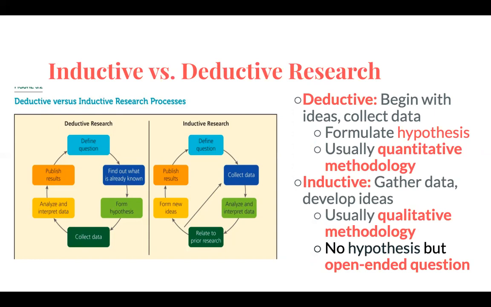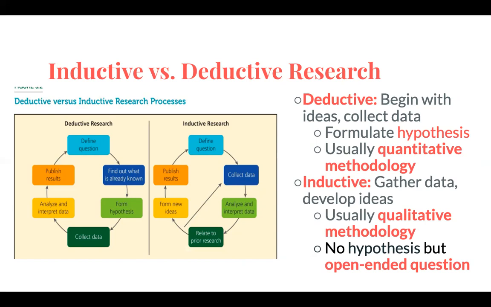Inductive research is where you gather data and then develop your ideas. This is sometimes because it's a new stream of research or a new population or under-researched topic, so you don't really turn to what's already known before you go out in the field and collect your data. So there is no hypothesis in this form of research.